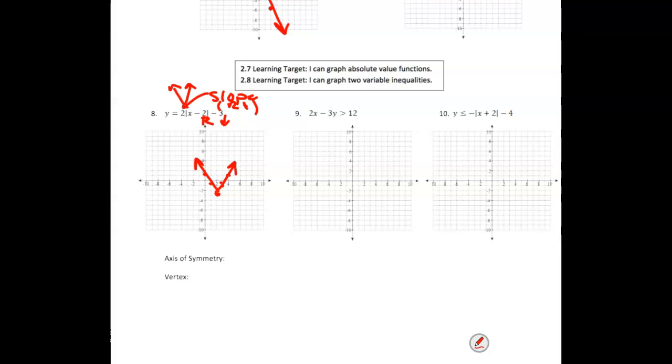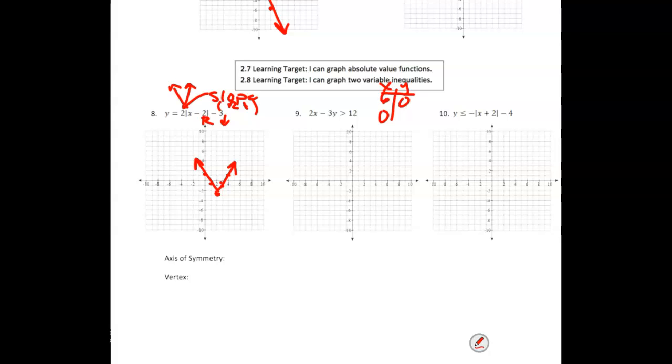All right, question 9. What form of equation is this in? This is standard. When it's in standard form, the easiest way to graph is to find the intercepts. If we put a 0 in for y, we've got 2x equal to 12, so x would be 6.